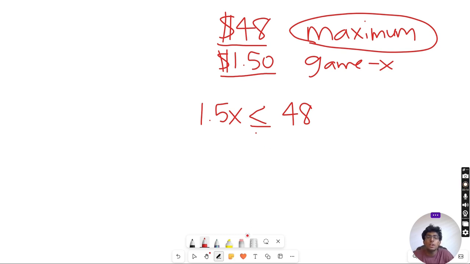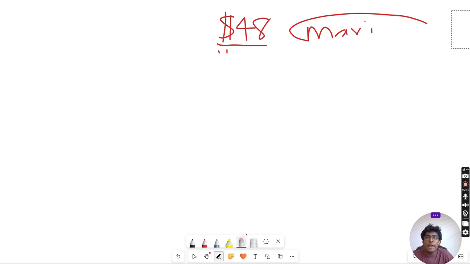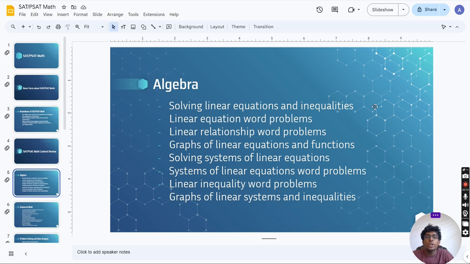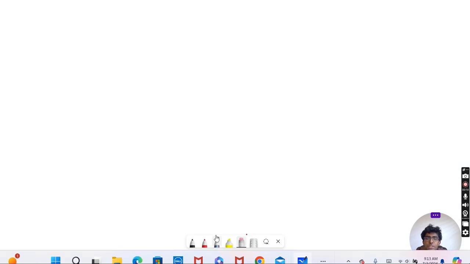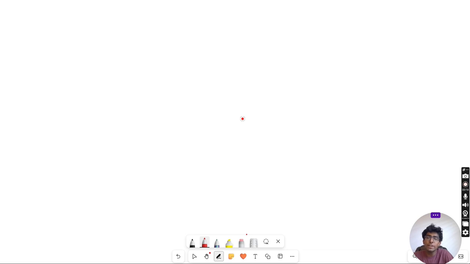All right? And then the last topic we have in algebra is going to be graphs of linear systems and inequalities, which we kind of already touched upon when I went over solving linear equations by graphing. But we'll do an inequality one since it's a little bit different than an equation one.